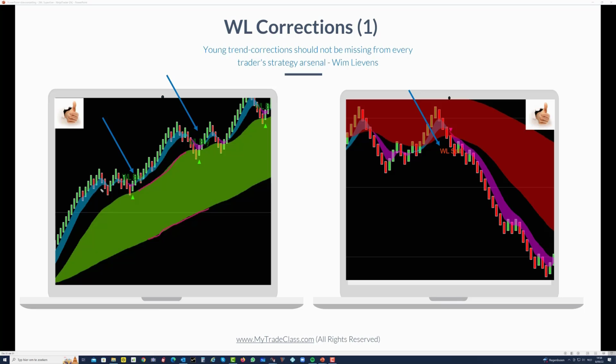The first option is when we have a triad, as here, for example, which under certain conditions happens on the short side or the fast line, if you wish, and that will trigger, you can read it, I hope, WL buy. That's one option.